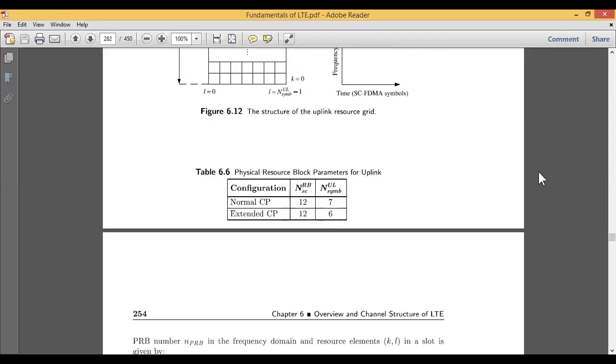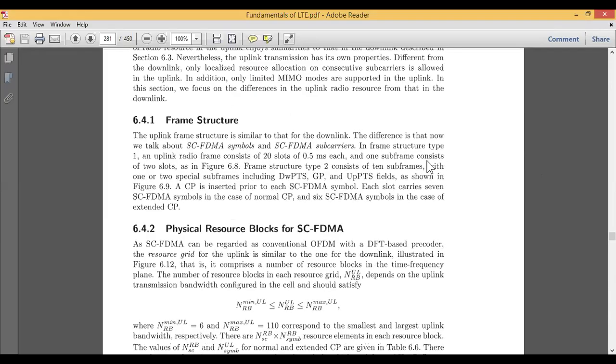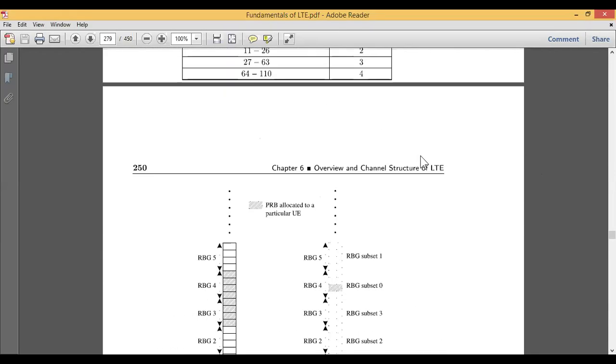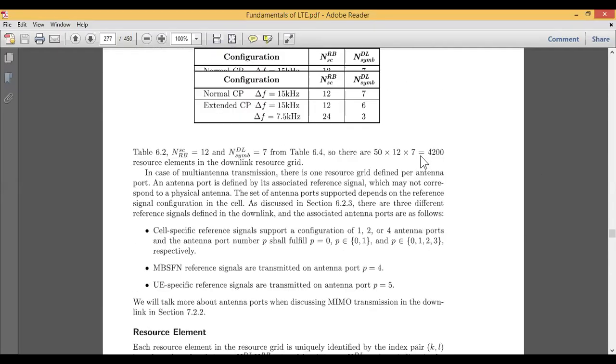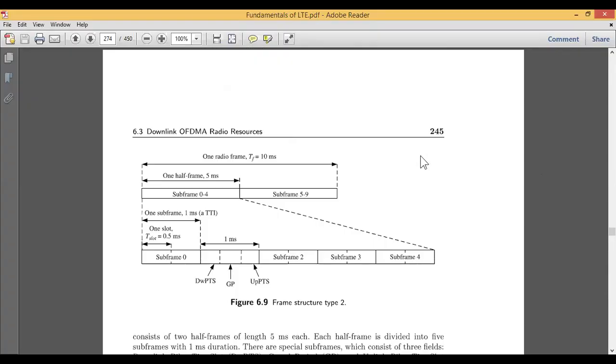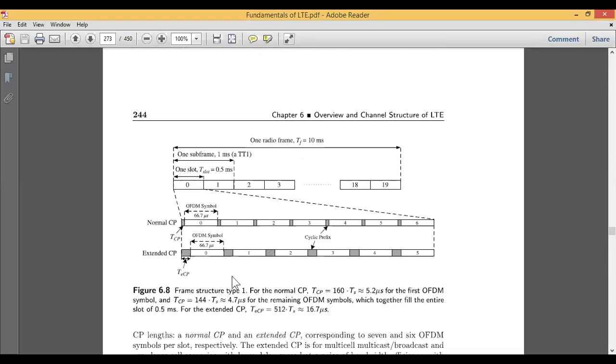In figure number 6.8, you can see a complete example of the frame structure allocation of LTE. Based on the type of control mechanism, this frame structure is of type 1.